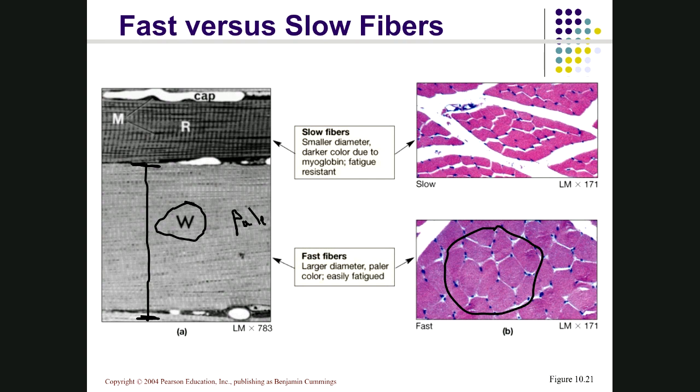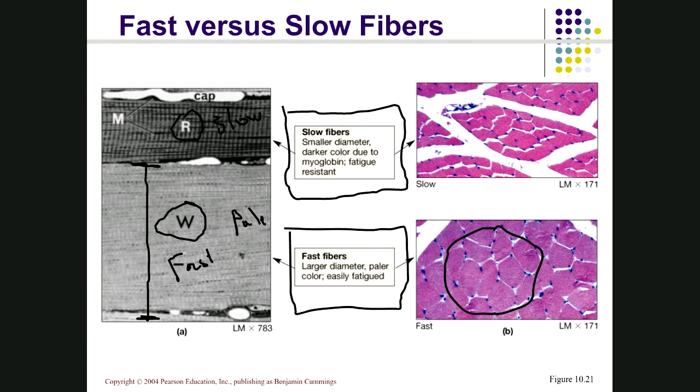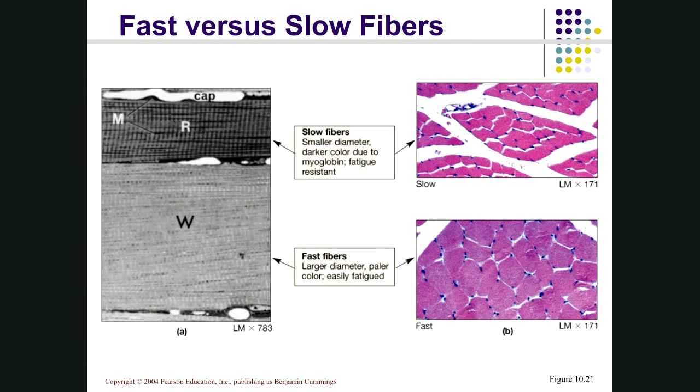So these are very fast, but they tire very easily. These are very slow, but they don't get tired. And then most muscles are somewhere in between these two. So they're not red, they're pink.